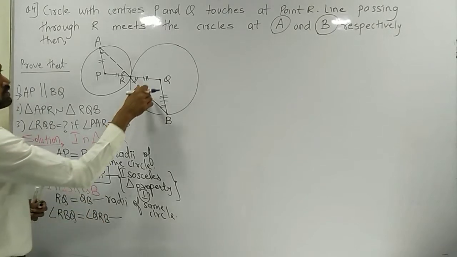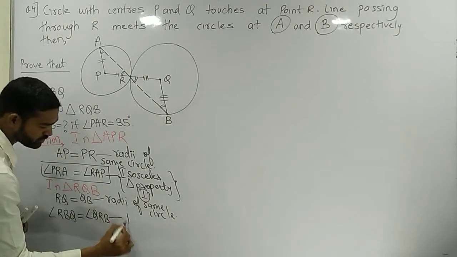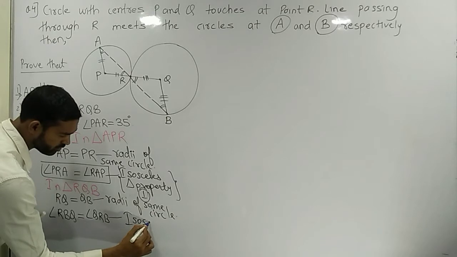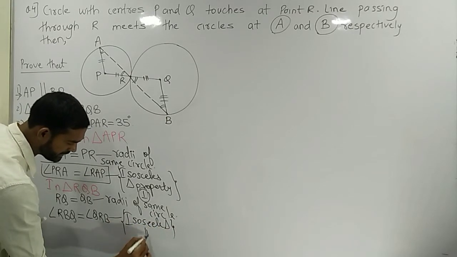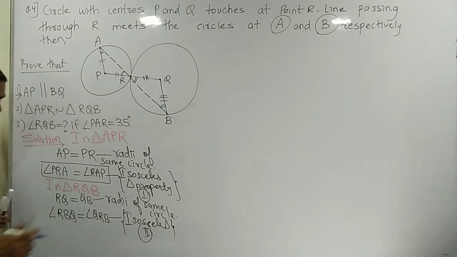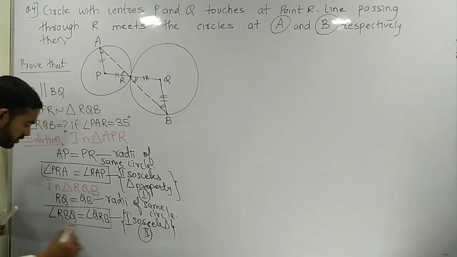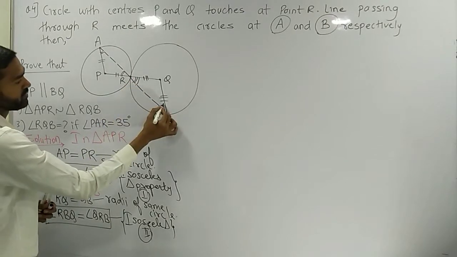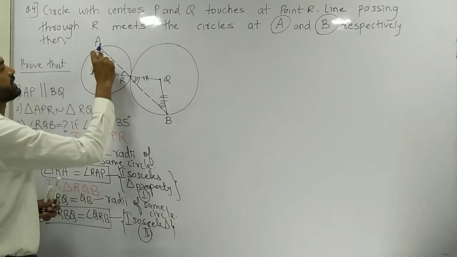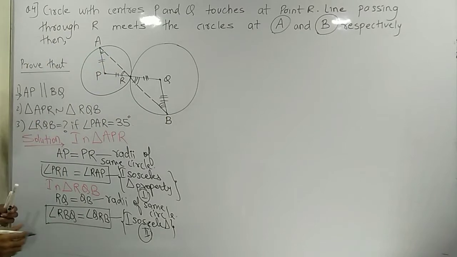These two are opposite angles, so by the isosceles triangle property, and this we will take as equation number 2. So far what have we proved? These two angles are equal to each other. Similarly, in the upper triangle, these two angles are equal.